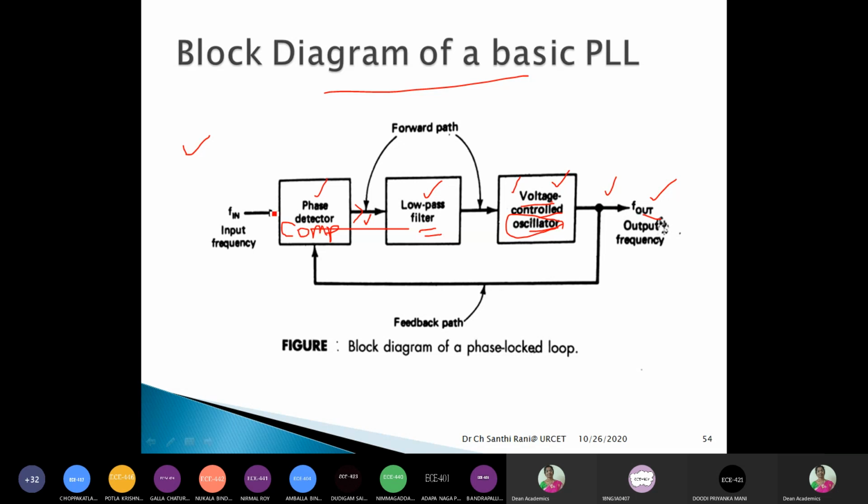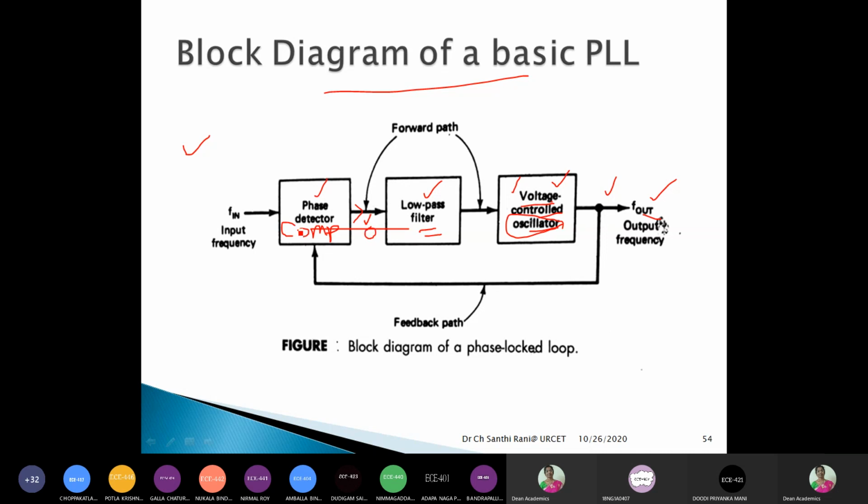The comparator again gives a difference voltage, which is passed through the low pass filter. According to the error signal, the low pass filter allows low frequencies to pass, and accordingly the voltage controlled oscillator gives its output frequency. This process repeats until the error voltage becomes zero.